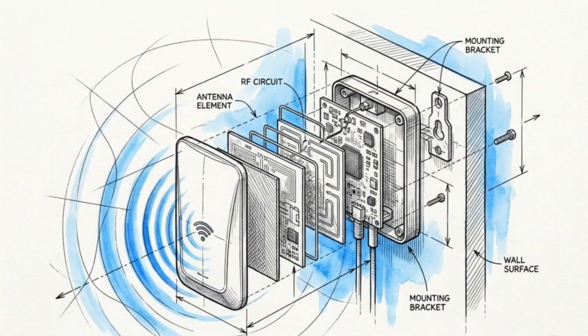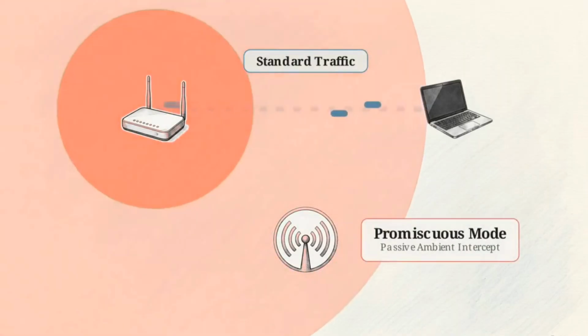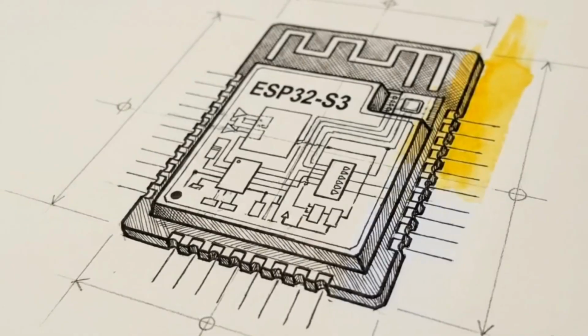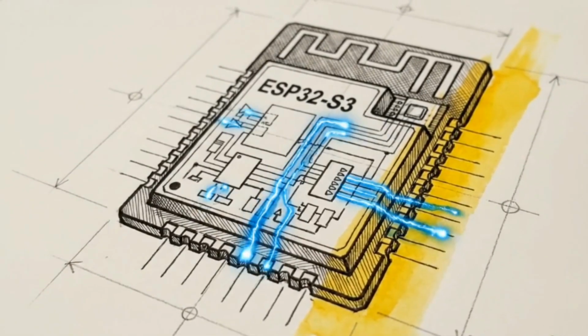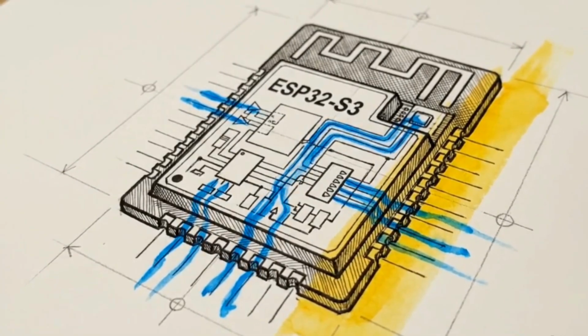To manage this throughput, we begin at the edge of the pipeline, the physical antenna receiving the Wi-Fi signal. This antenna must run in promiscuous mode to passively intercept ambient Wi-Fi management frames instead of standard network traffic. To execute the necessary digital signal processing workload directly on the antenna, the pipeline requires the ESP32-S3 microcontroller.